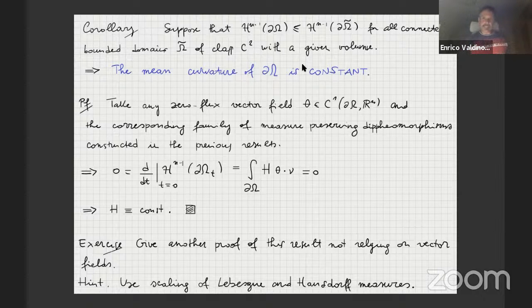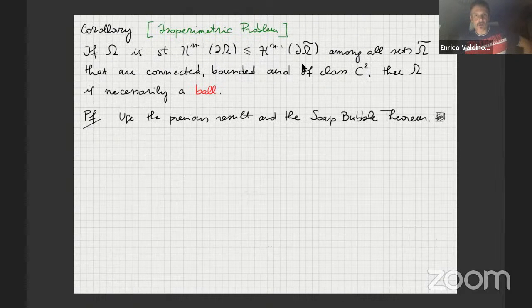Okay, with this we are done, because we can use the subbubble theorem and complete the proof of the isoperimetric problem.